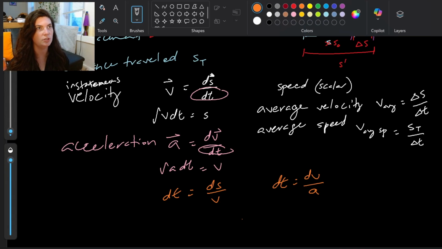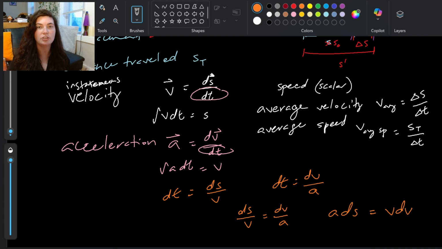If I set these equal to each other, I get ds over v is dv over a. If I rearrange this, acceleration times ds is going to be v dv.